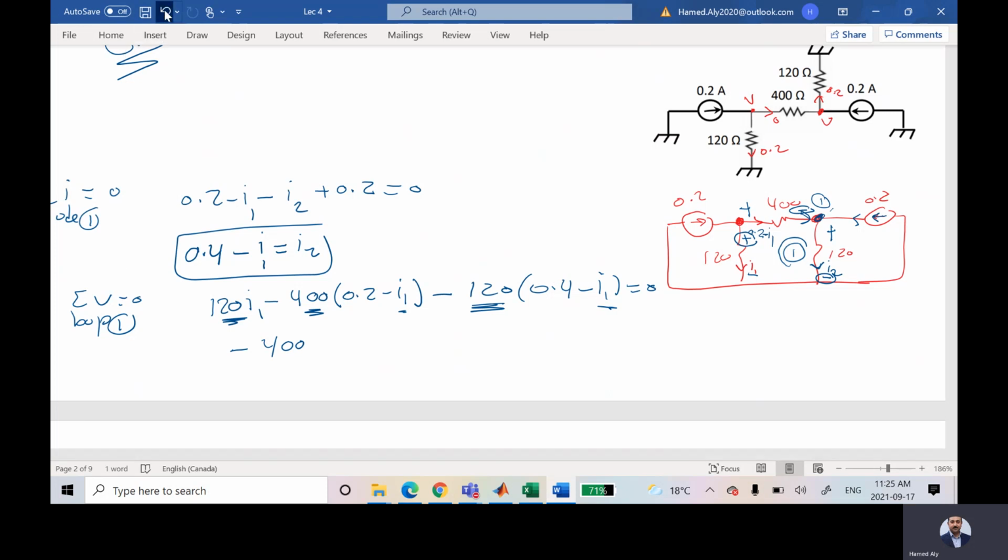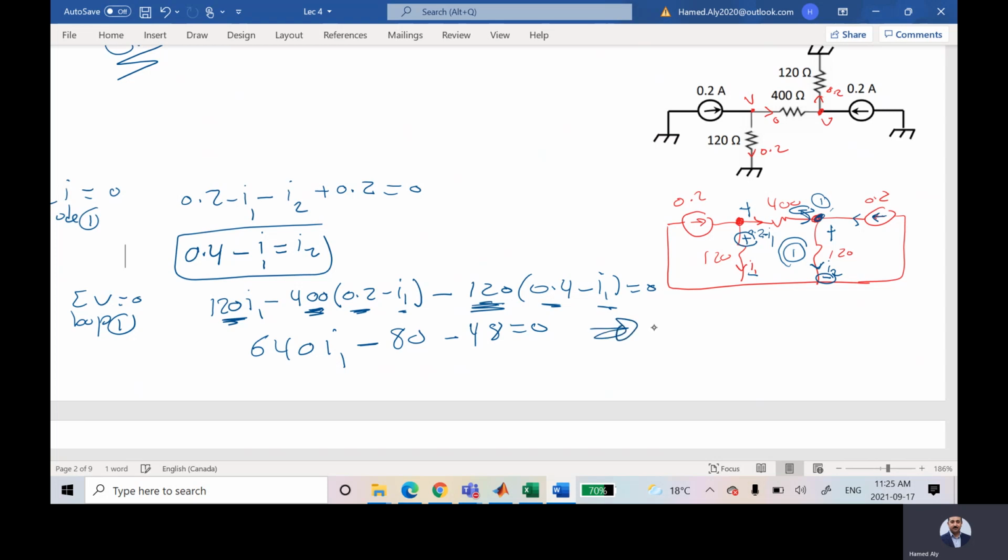So the total will be 120 plus 400 plus 120. It will be 640 I1. Then I will have negative 400 times 0.2 minus 120 times 0.4. So this guy times this guy will give me 80, and this guy times this guy will give me 48. This equals 0.